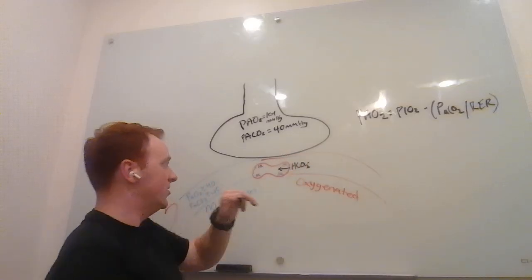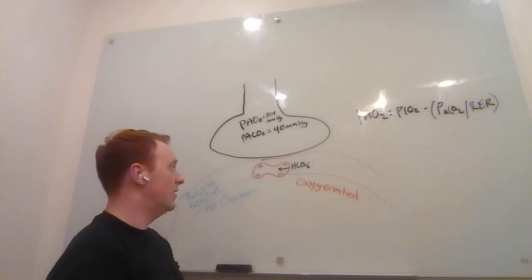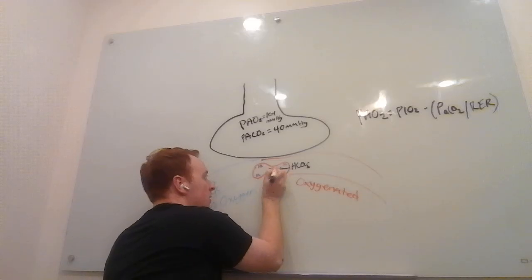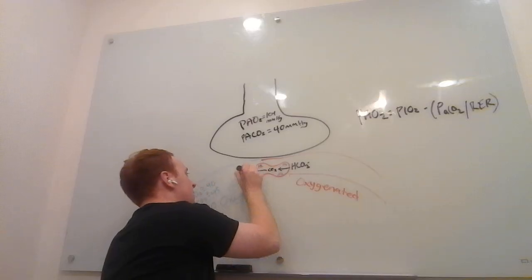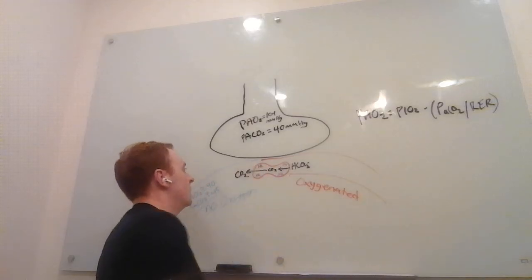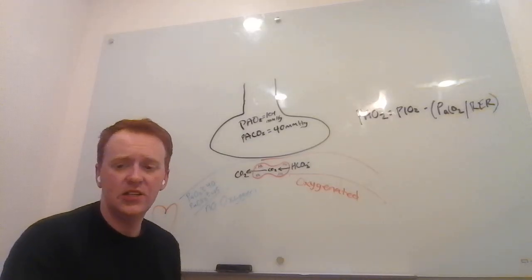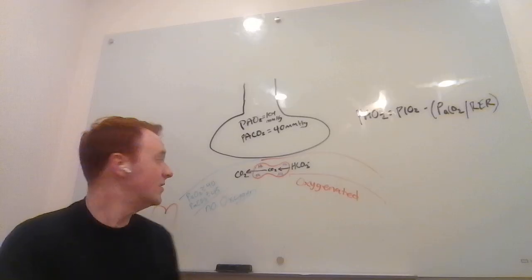It takes off an oxygen because there's a ton of oxygens around here, they want more. And so it gets turned into CO2, and then the CO2 leaves. Now there's CO2 out here.